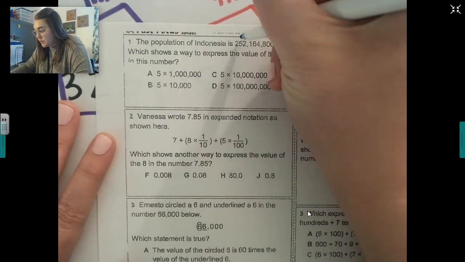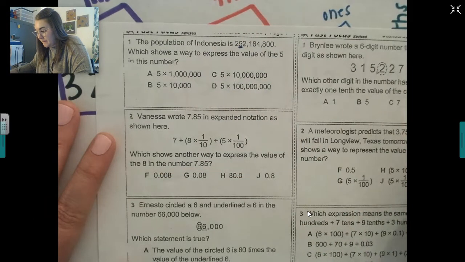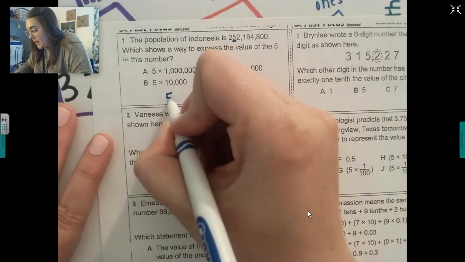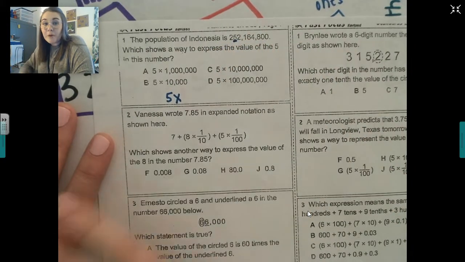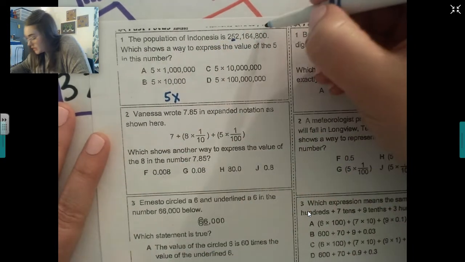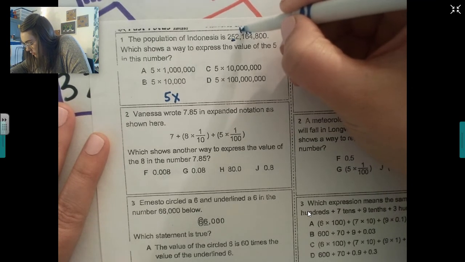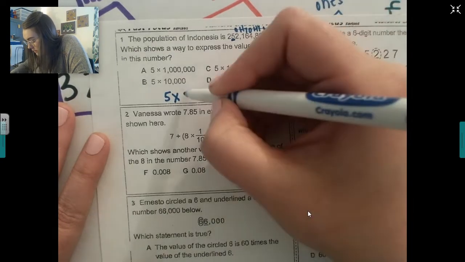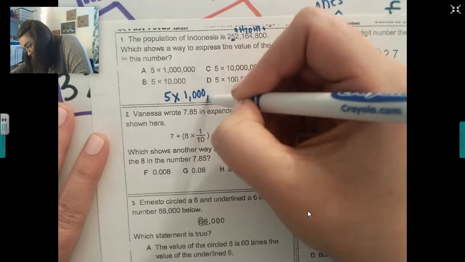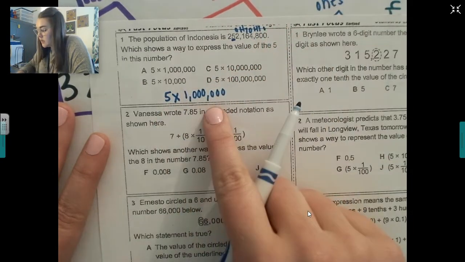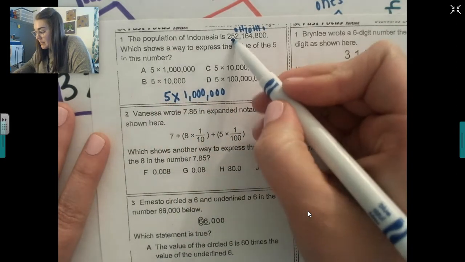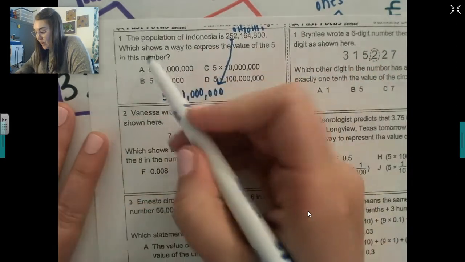All I would have to do is look at this 5, and I would do 5 times whatever place value that 5 is in. This is the ones, tens, hundreds, 1,000, 10,000, 100,000, 1 million. So the 1 millionths place. So that shows me that 5, so that would be A.